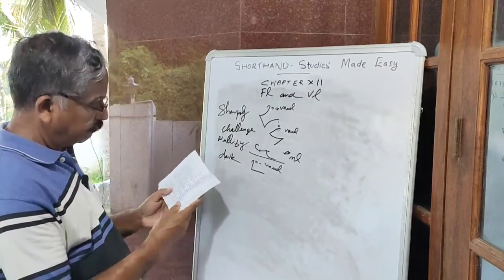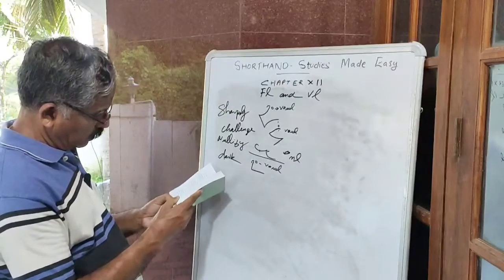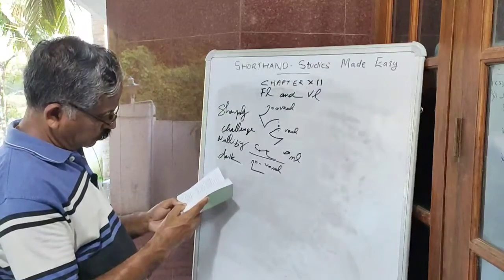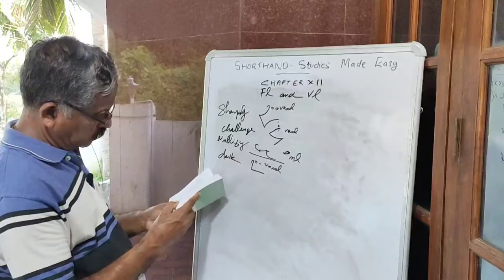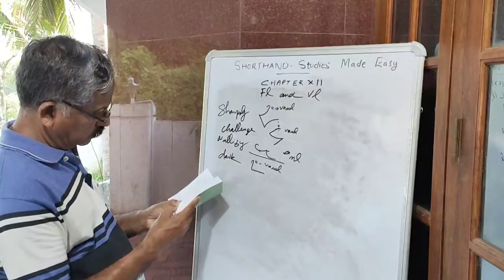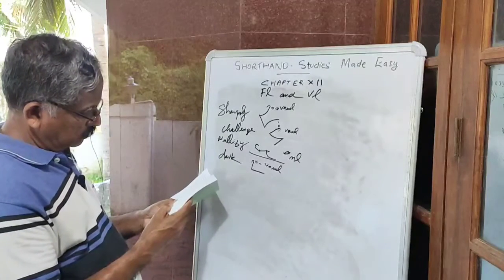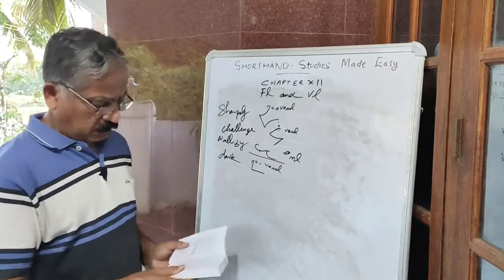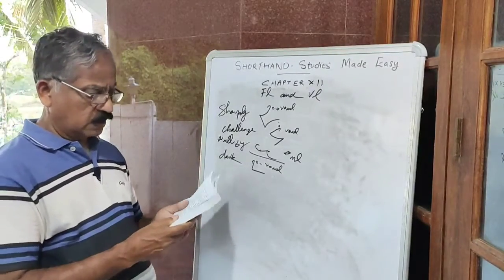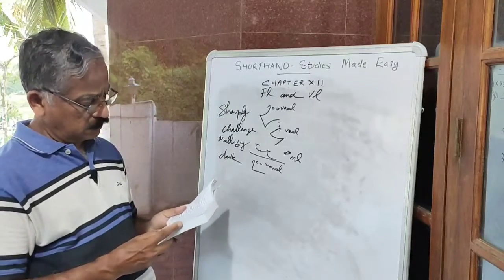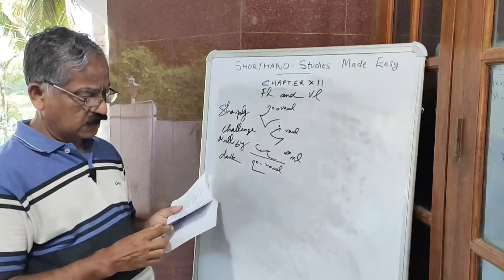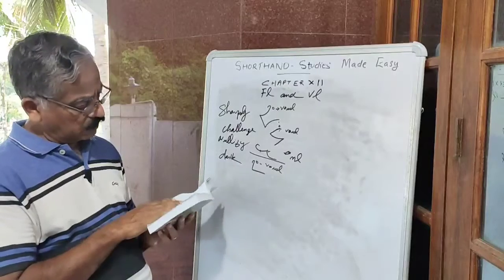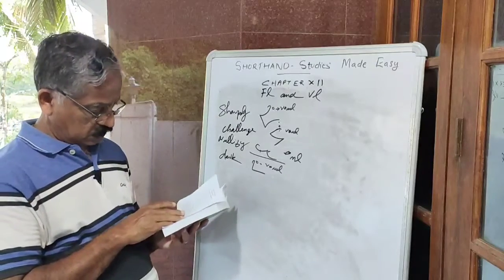Now, tore. That's over. This lesson is over. Now, in this lesson, the exercise starts from page 55, 56.